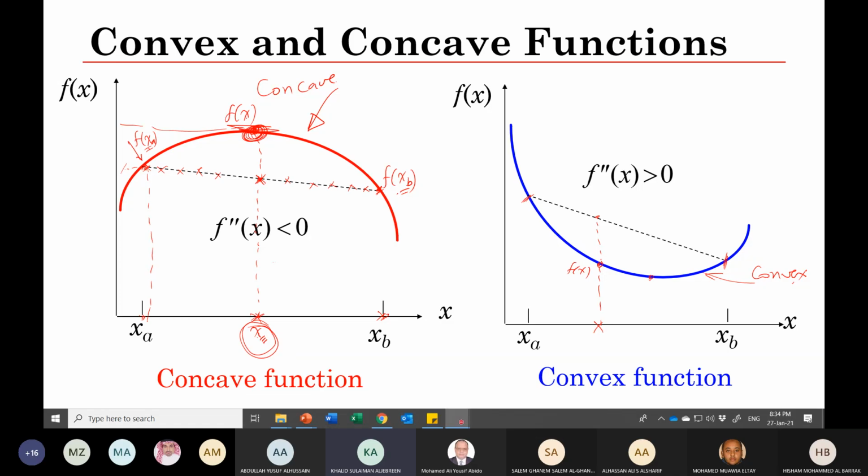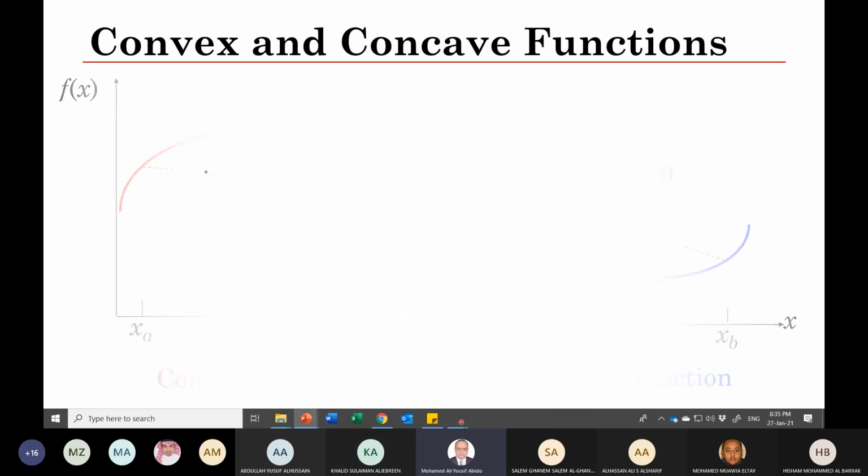I mean, we have to draw a straight line between f of XA and f of XB and take a value on that straight line, right? Yes. This is the interpolation between f of XA and f of XB.